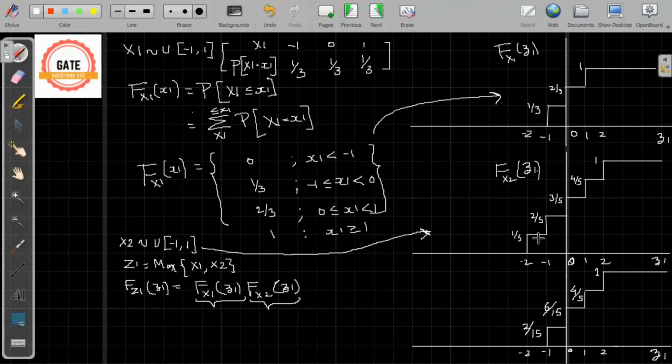So 1 by 3 multiplied by 2 by 5 will be 2 by 15. Similarly, for other ranges of X1 and X2, we can multiply and get the final result, which I have already drawn here. You can verify it on your own. So this is nothing but the CDF of Z1.